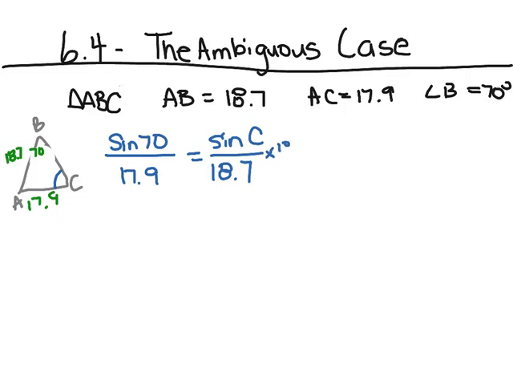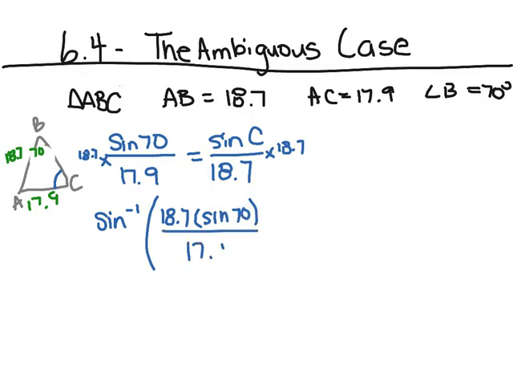Multiply both sides by 18.7, and we want to find the sine to the negative 1 of 18.7 times sine of 70 divided by 17.9. So that will be our C. If we type this all into our calculator, we should get C is equal to 79 degrees.